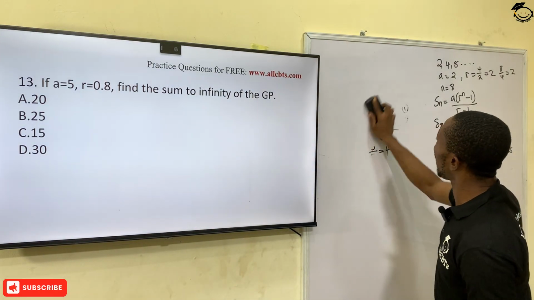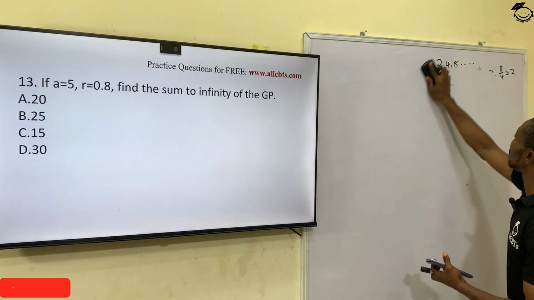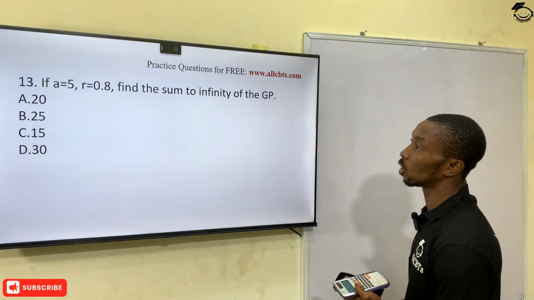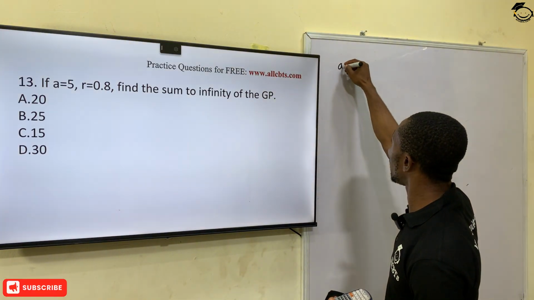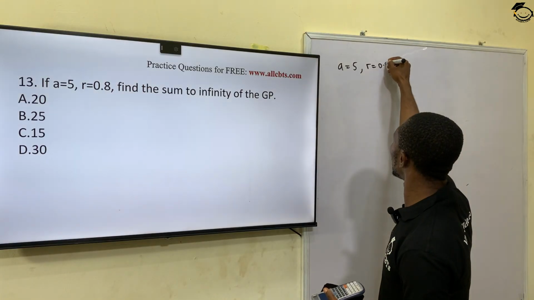If A equals 5 and R equals 0.8, find the sum to infinity of the GP. We have A equals 5 and R equals 0.8.